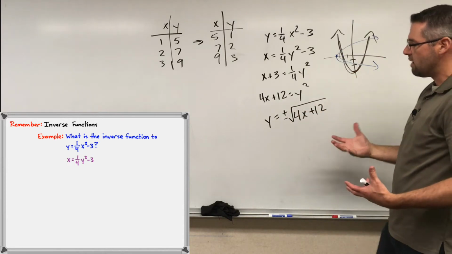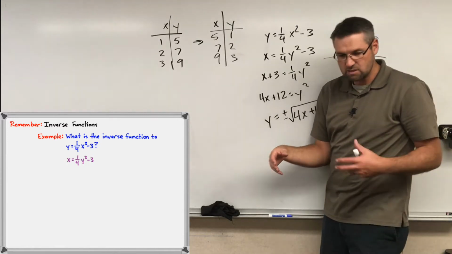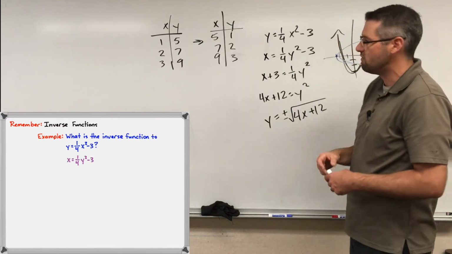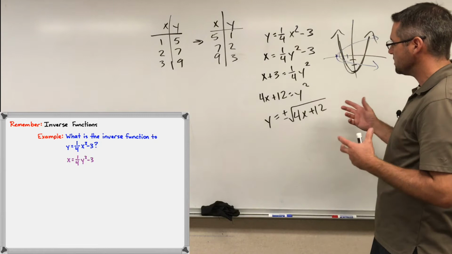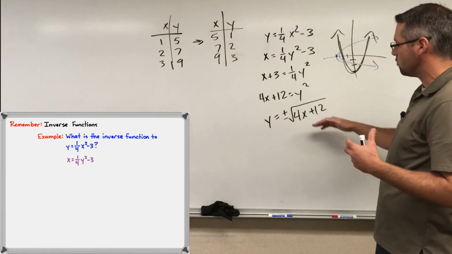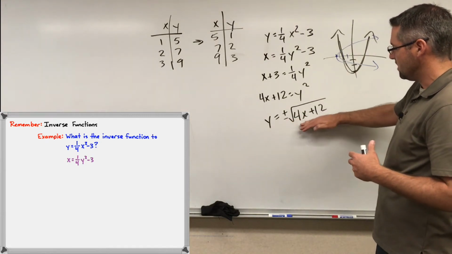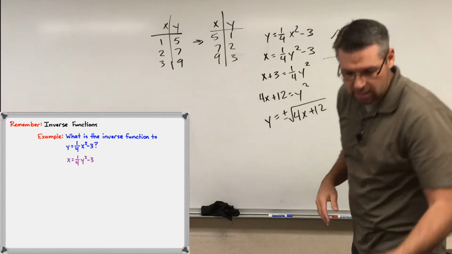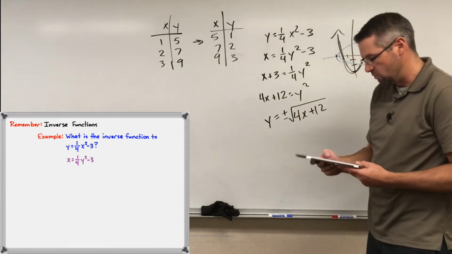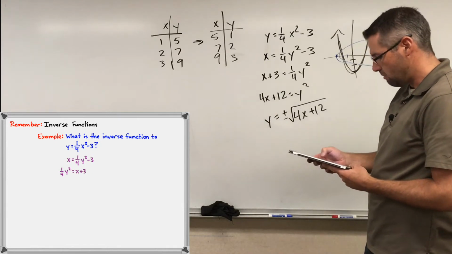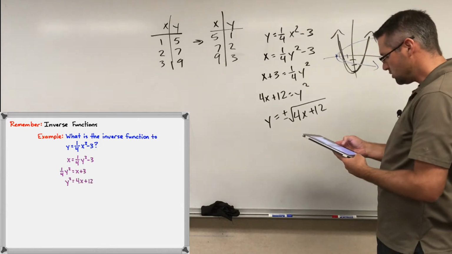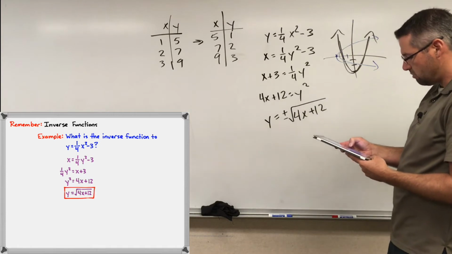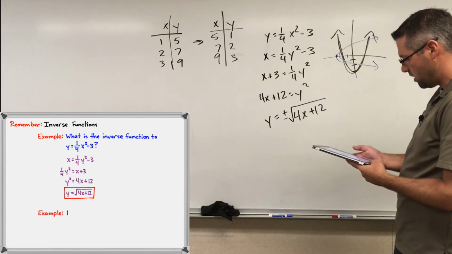How do we know that? We'd have to be given some sort of initial condition, a point that we can check to see if it lives within the range of this function, whether it's above or below. I'm not too concerned about that right now. We'll get more into that in the future, but just remember what an inverse function is. And so we end up with, again, plus or minus the square root of 4x plus 12.